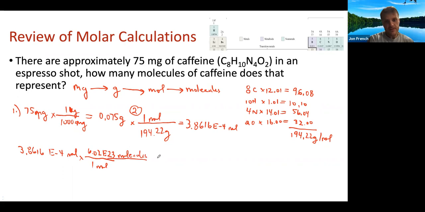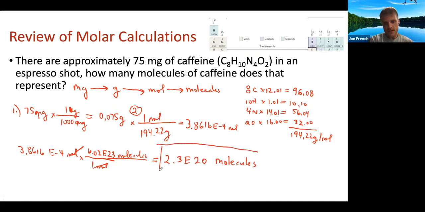So I'm multiplying by Avogadro's number. Moles cancel out. So times 6.02 e to the 23, and I get 2.3 e to the 20th molecules.